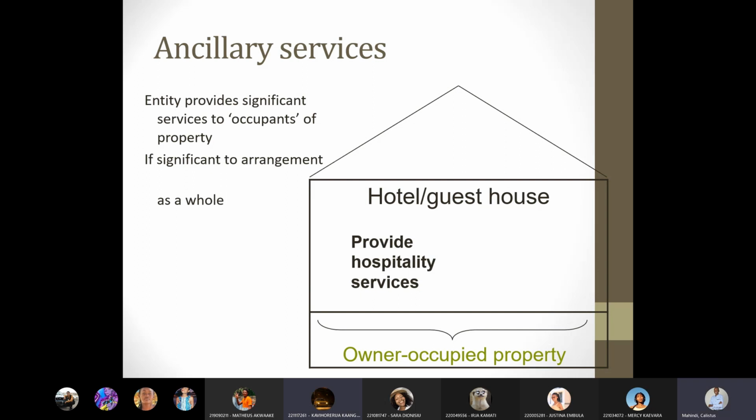I assume you've heard of an Airbnb. Have you heard of Airbnb? So Airbnb is a company that's basically web-based. They provide a service. What happens is that you can list your property on Airbnb. So you can list your house on Airbnb.